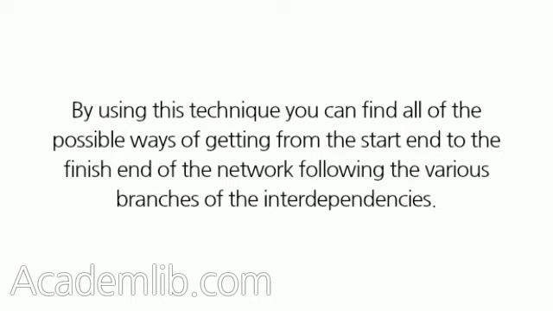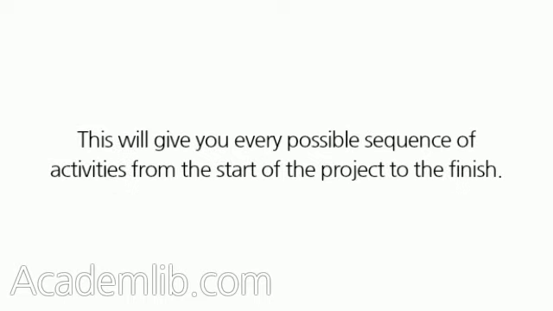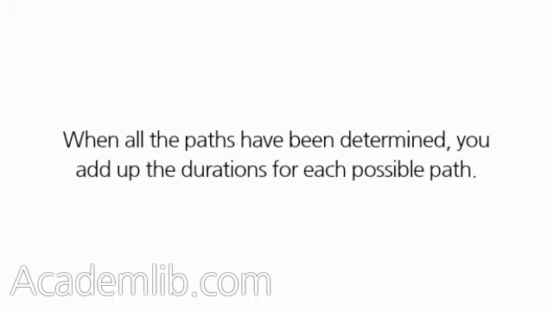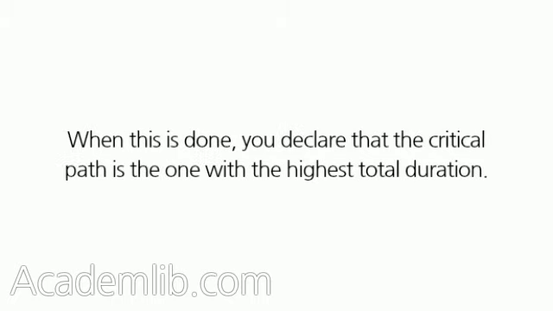By using this technique, you can find all of the possible ways of getting from the start end to the finish end of the network following the various branches of the interdependencies. This will give you every possible sequence of activities from the start of the project to the finish. When all the paths have been determined, you add up the durations for each possible path. When this is done, you declare that the critical path is the one with the highest total duration.